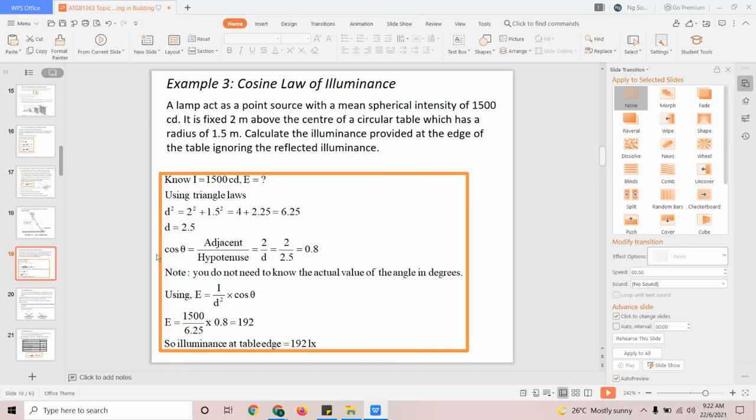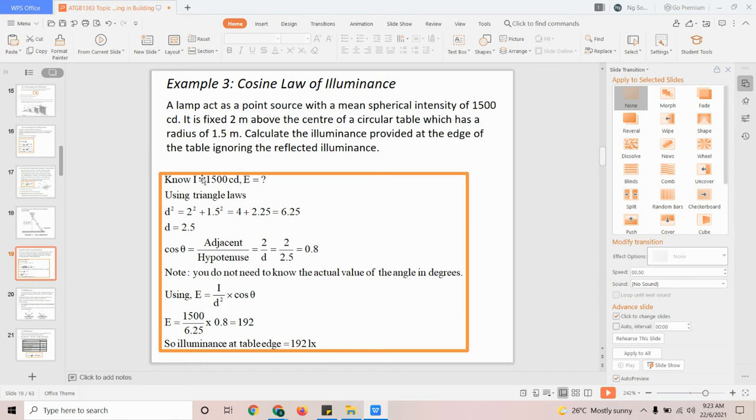Okay, so coming back to here, you know that your E equals I over D squared multiplied by cos theta. Based on this triangle law, you are able to get your D, which you can put here, 2.5.